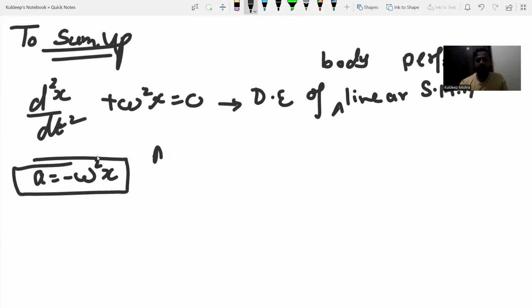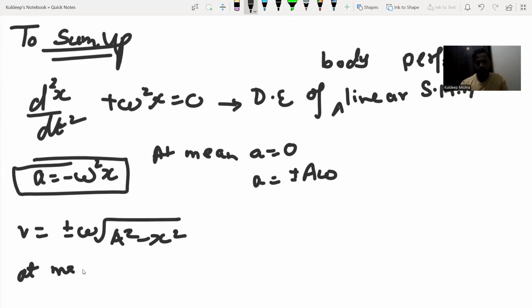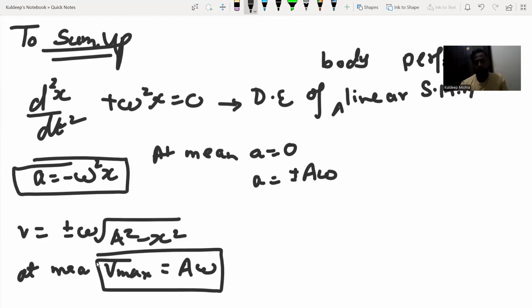At mean position it is 0, and at extreme positions it is maximum, plus or minus a omega square. Velocity is plus or minus omega under root a square minus x square. At mean position, velocity is maximum, and it is plus or minus a omega depending upon on which side it is going, and at extreme positions it is 0.